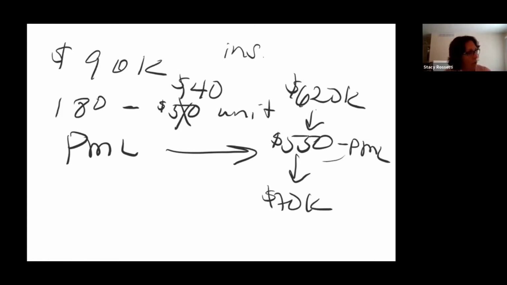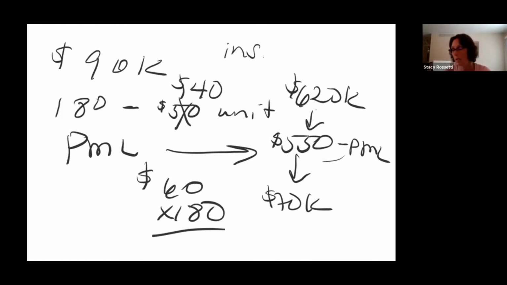So now you have this, right? My husband wants to raise the rents $20. So let's just say on average the number is $60 a month for the first 90 to 180 days times 180, right? So 180 times 60 is $10,000 a month.